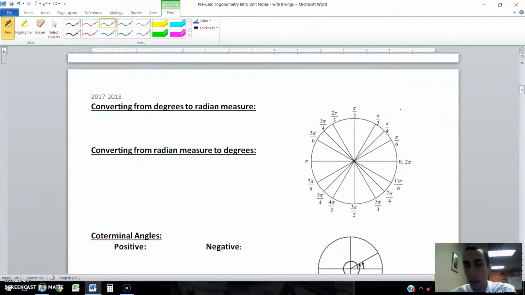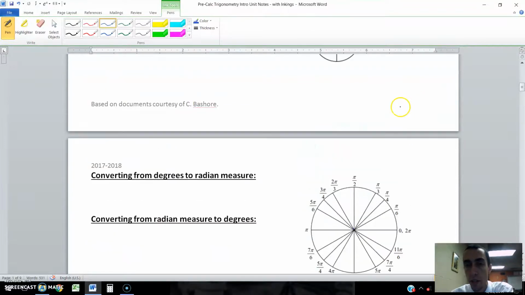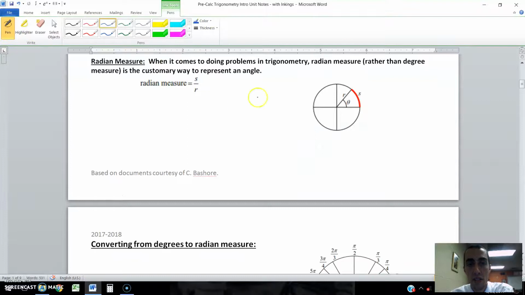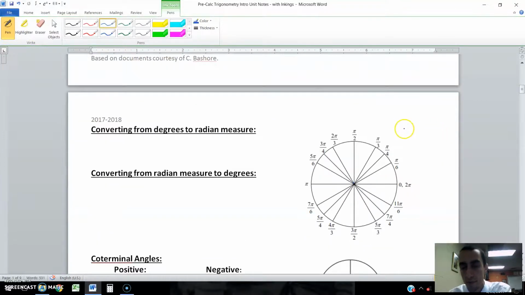And so, if the radian measurement of an angle is the arc length divided by r, then we could think of it this way. Think of a whole spin around the circle, that angle.